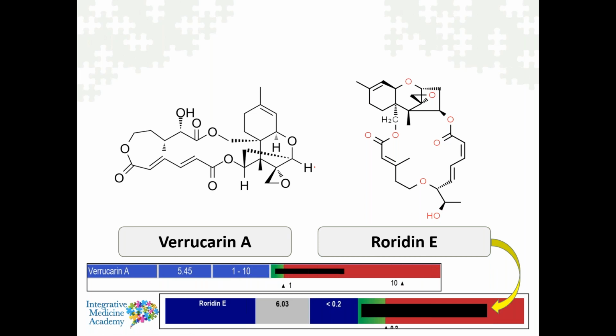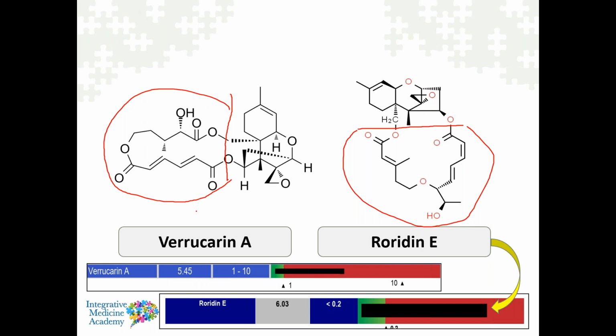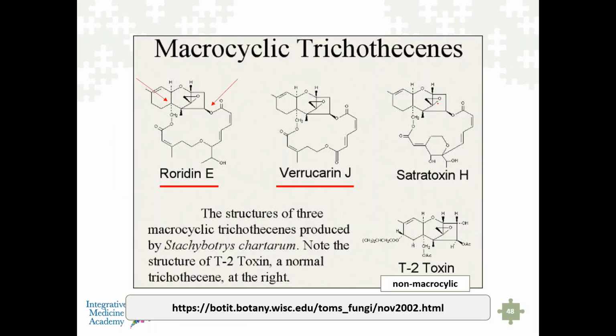Now, these two trichothecenes are called macrocyclic, and that macrocyclic structure is this sort of expanded structure right here. So that adds some further chemical characteristics. But the thing that I want to focus on is right here, this triangular shape chemical structure where we have a bond to an oxygen in what's called an epoxide.